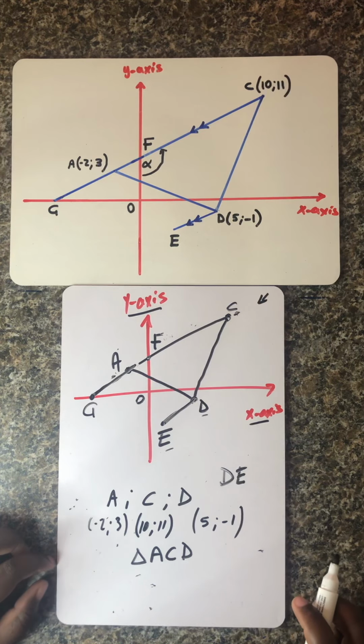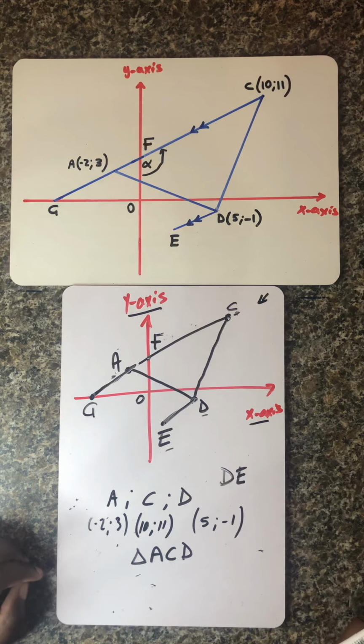So DE is drawn parallel to AC. Ladies and gentlemen, how do I know that straight line DE is drawn parallel to straight line AC?